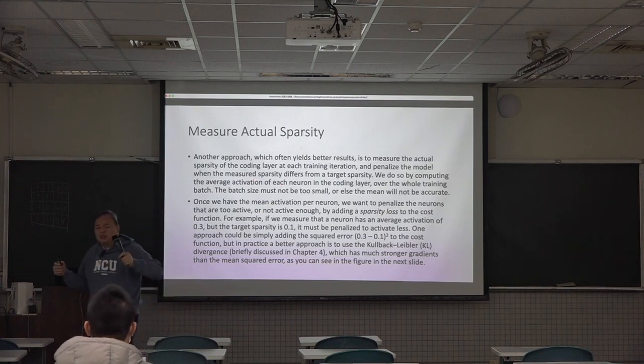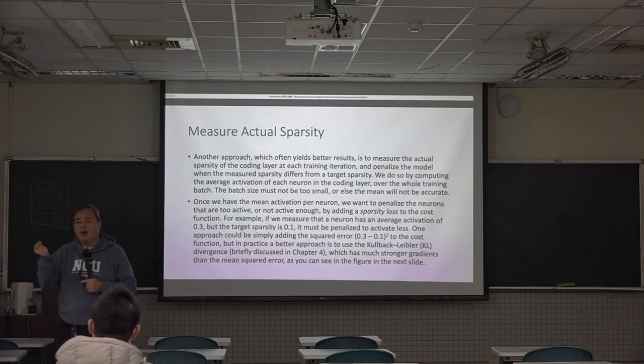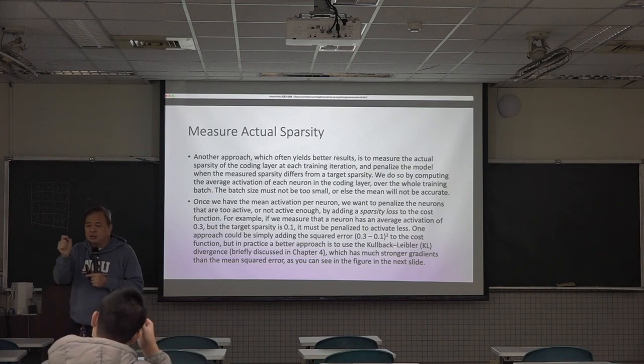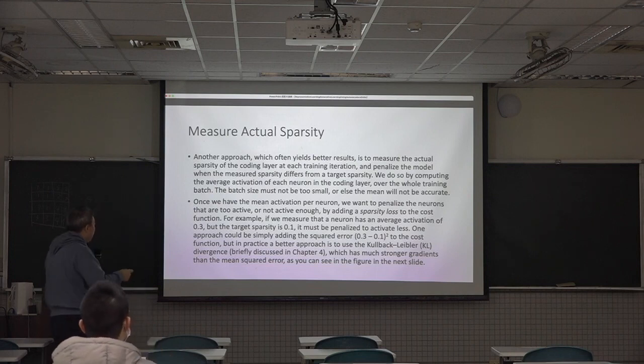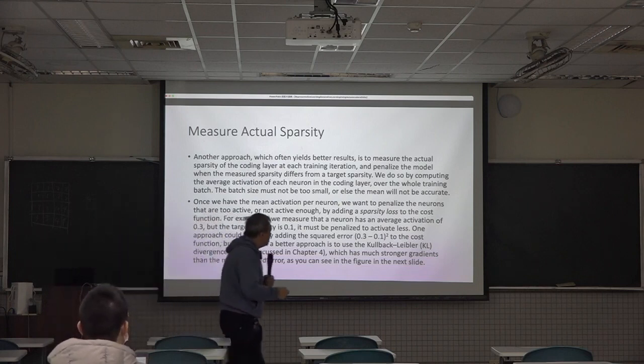If the batch size is too small, say 10% of it, because this 10% is computed based on one batch, right? If each batch only has very few instances, then the calculation of 10% is not going to be very accurate. So the batch has to be not too small. Otherwise, the mean will not be accurate.